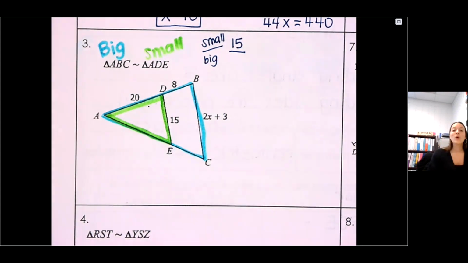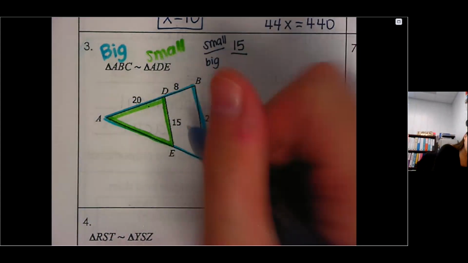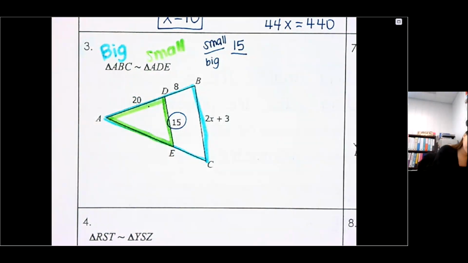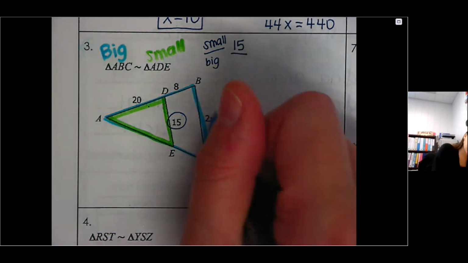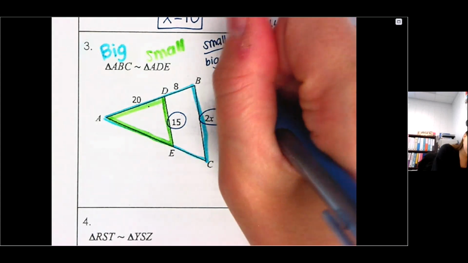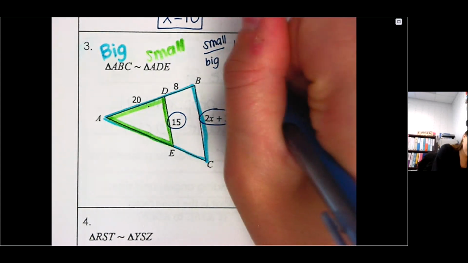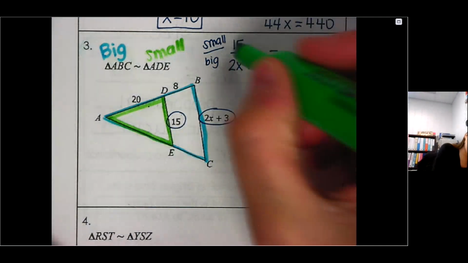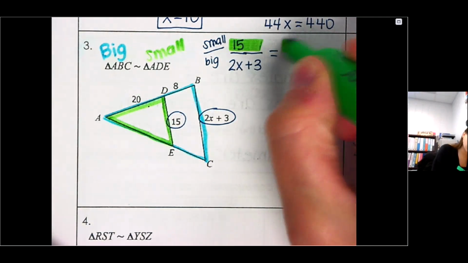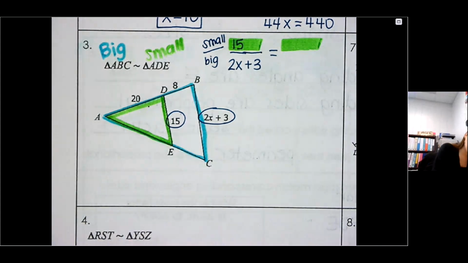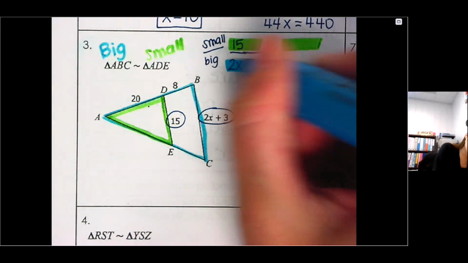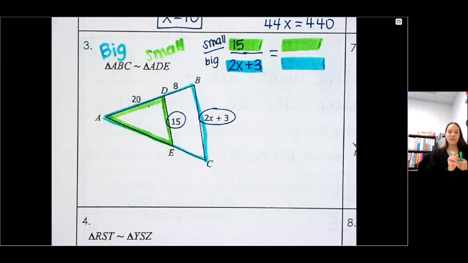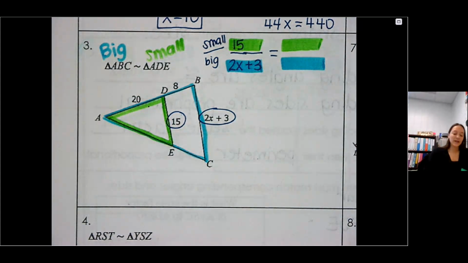Which one matches with 15? 2x plus 3, good. So 15 was my small one, which means small goes up here. 2x plus 3 is my big one. 2x plus 3 goes in here. So 15 over 2x plus 3.